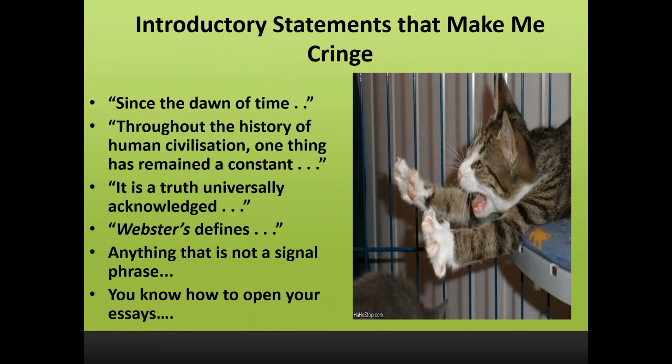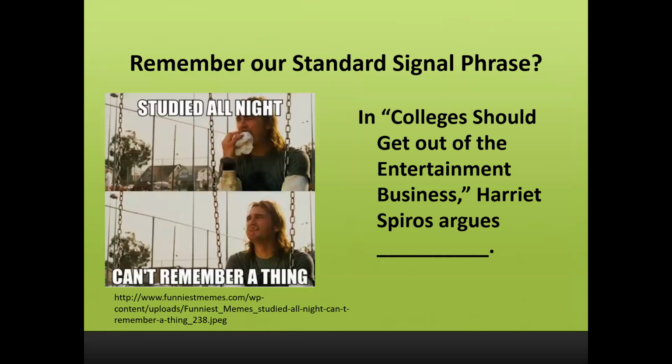When you begin your essay in an introductory paragraph, you're going to begin with a signal phrase. Okay? And what is a signal phrase? You're going to remember our standard signal phrase. This is our standard signal phrase. Don't forget this signal phrase. You're going to begin with a signal phrase like this.